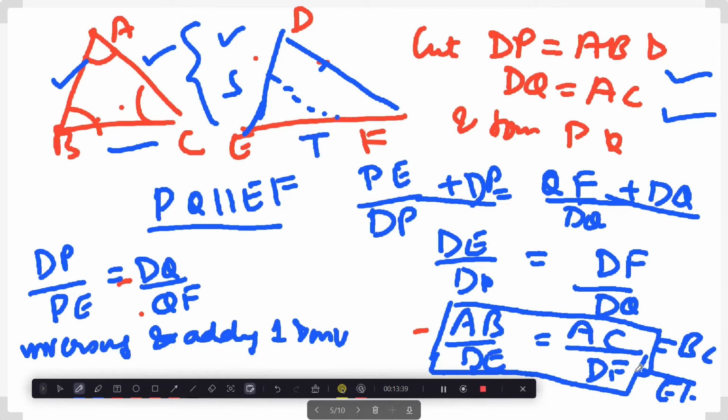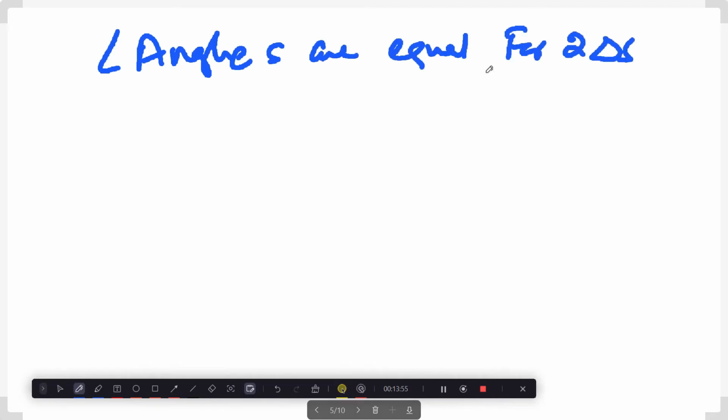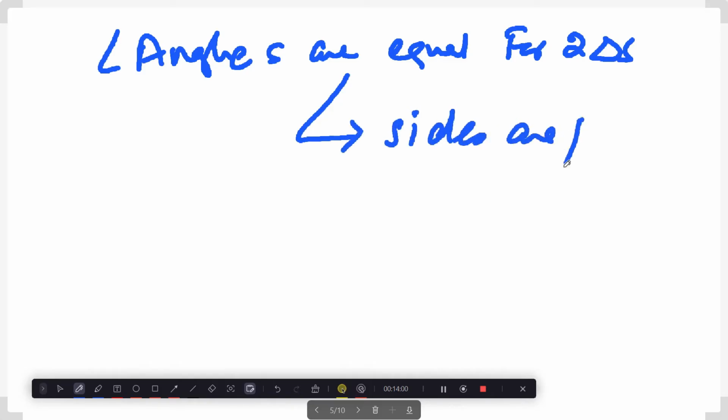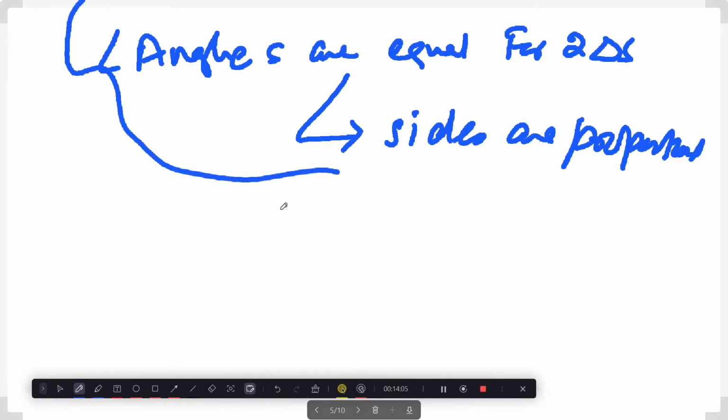We will get this answer. So net, what are we saying? We are saying that if angles are equal for two triangles, then it automatically implies sides are proportional, and these two automatically imply triangles are similar. So we don't need this and this separately. What is this? A, right?